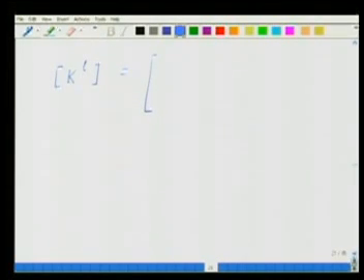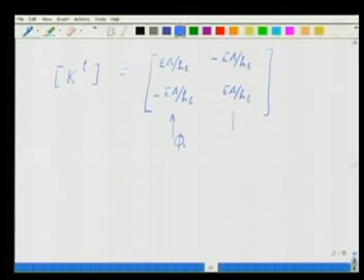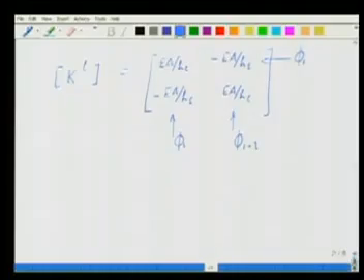Earlier we had EA by HL, minus EA by HL, minus EA by HL, EA by HL, and we had said this column corresponds to phi I, this corresponds to phi I plus 1. Similarly, this row corresponds to phi I, this row corresponds to phi I plus 1.